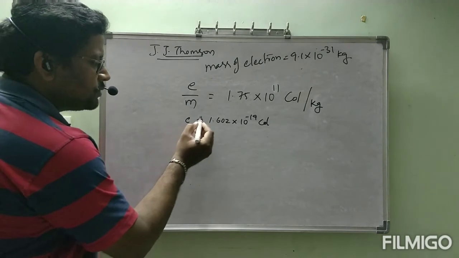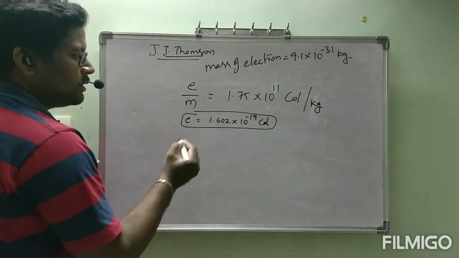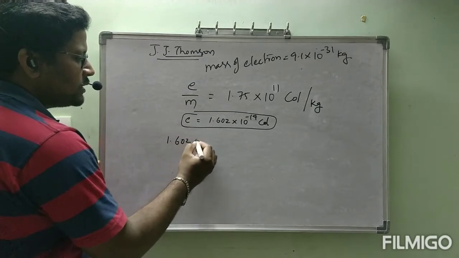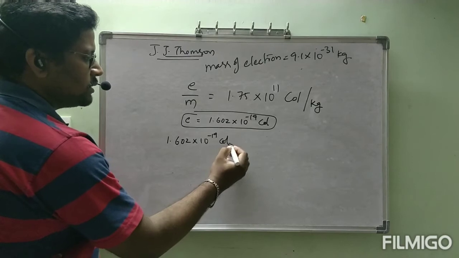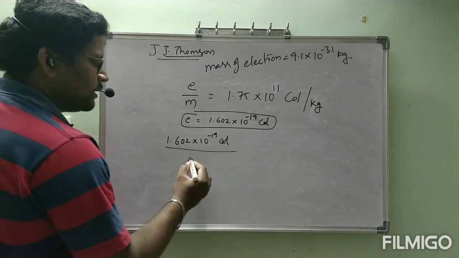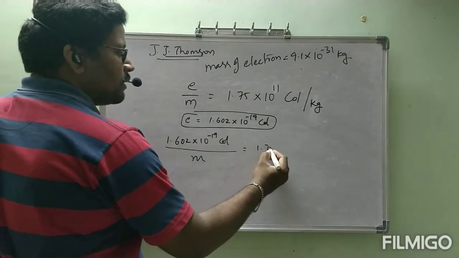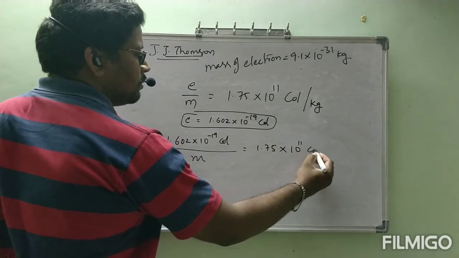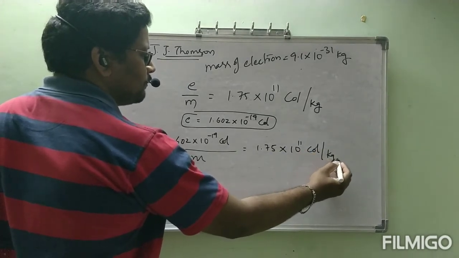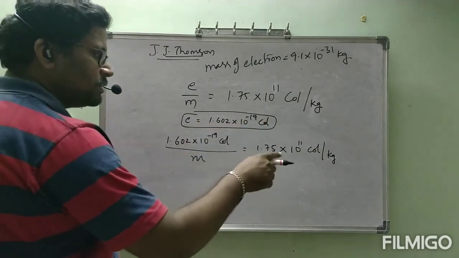Substituting it, we get 1.602 into 10 power minus 19 coulombs divided by mass is equal to 1.75 into 10 power 11 coulombs per kilogram. Instead of E, I substituted this value and I got this one.